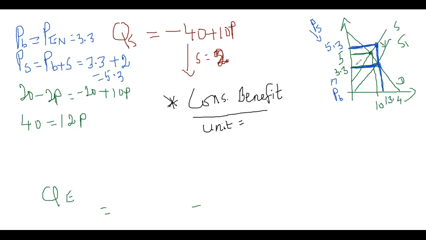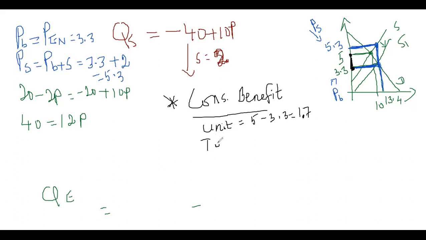You see, consumers before the subsidy paid 5 rupees for this product. Now they are paying 3.3. Therefore, they are paying less. That shows that they get a benefit from the subsidy. Therefore, for a unit, 5 minus 3.3 is 1.7. That means 1 rupee and 70 cents.